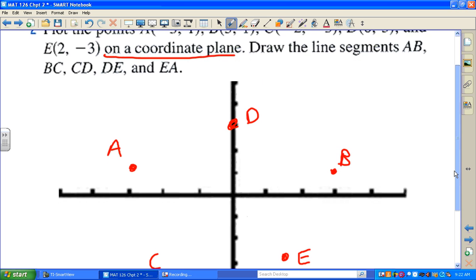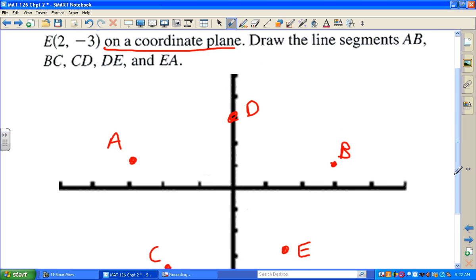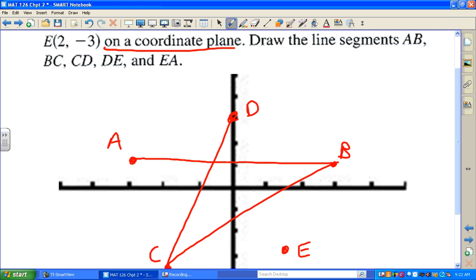It says join the segments AB, then BC, CD. Star. It is DE and EA. Okay? So that's what happens when you join them.